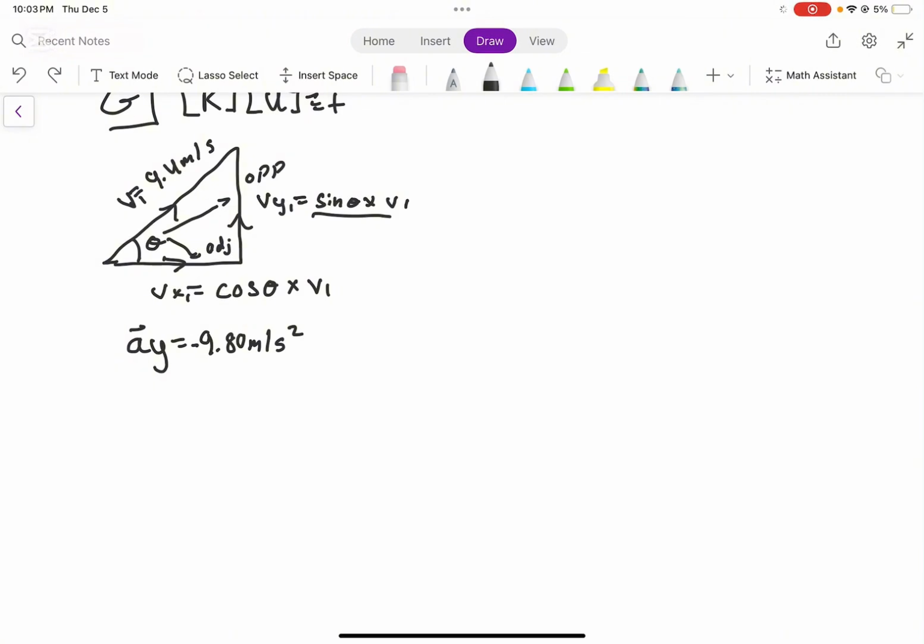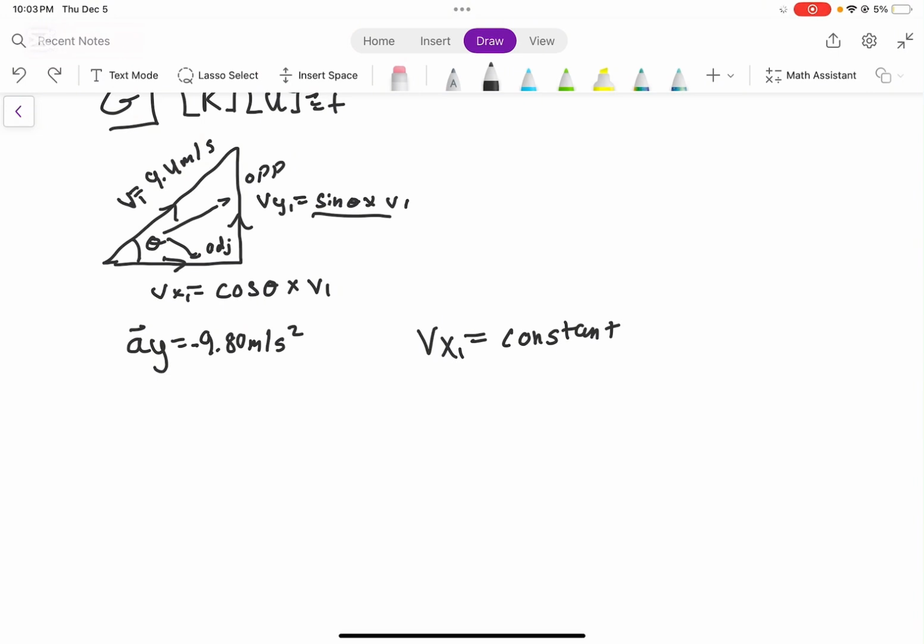The important thing to know about velocity in the x direction in specific is that velocity in the x direction is constant. So you won't have a vx1 or vx2. You'll only have velocity in the x. Why is this?